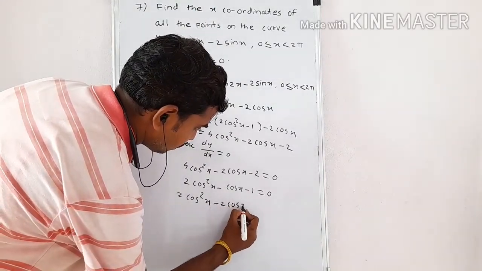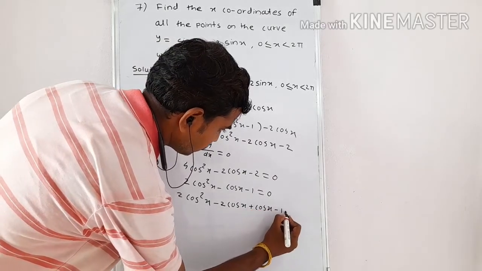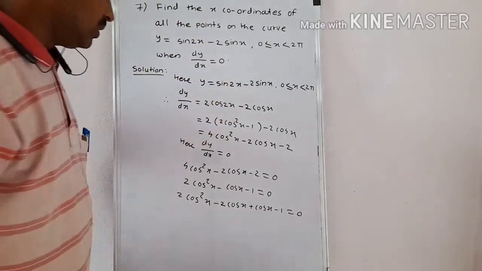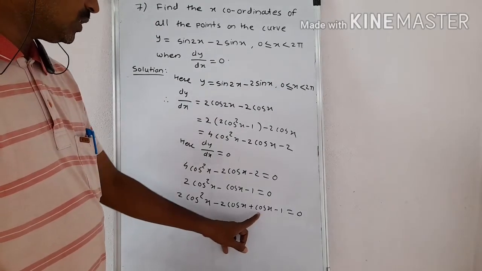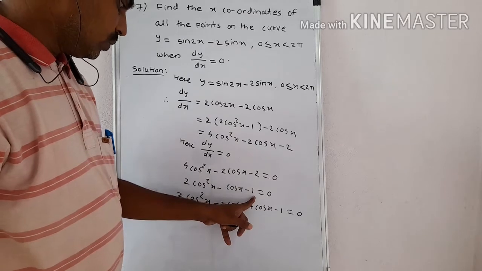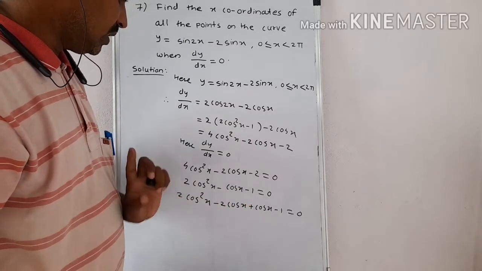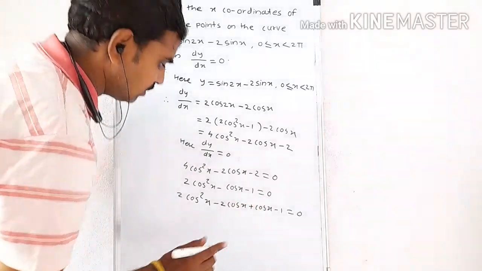Minus 2 cos x plus cos x minus 1 equal to 0. So I have to factorize minus 2 whose subtraction is minus 1. That is minus 2 and plus 1.